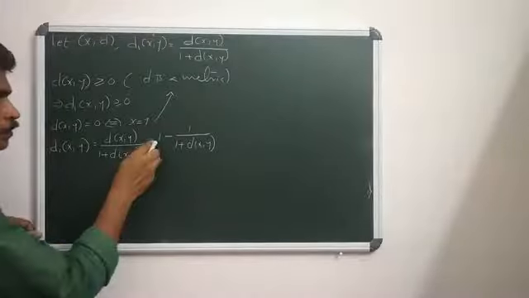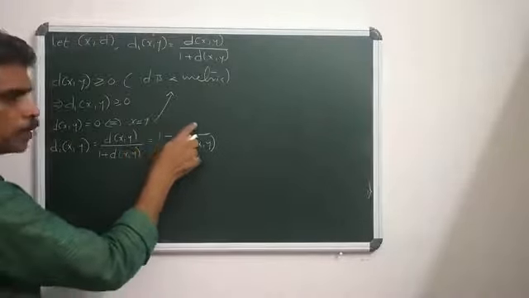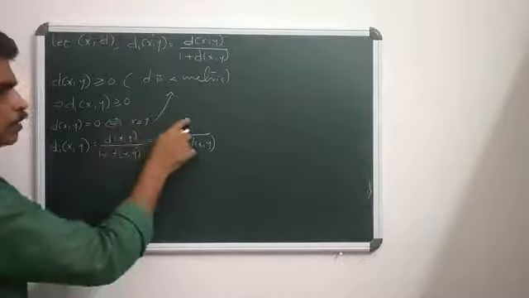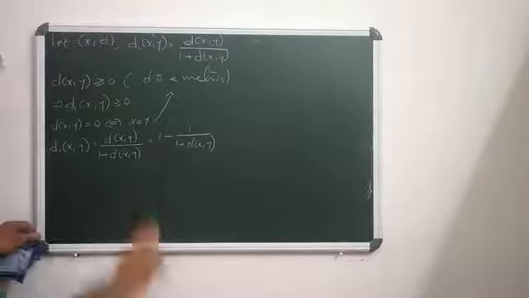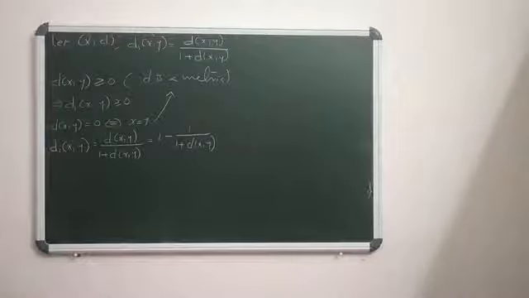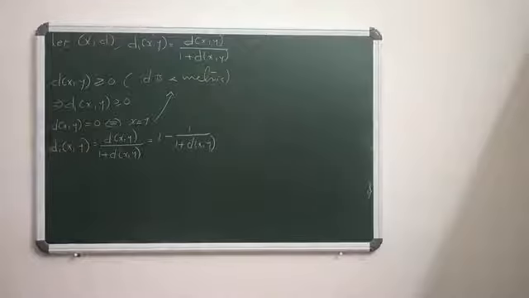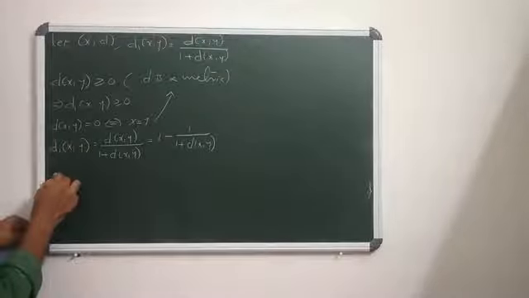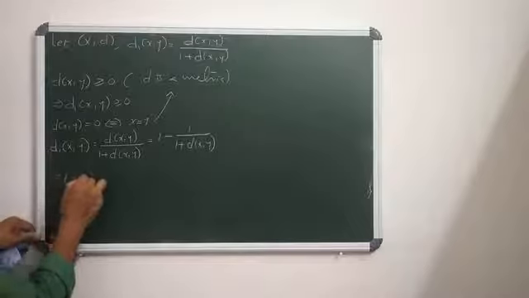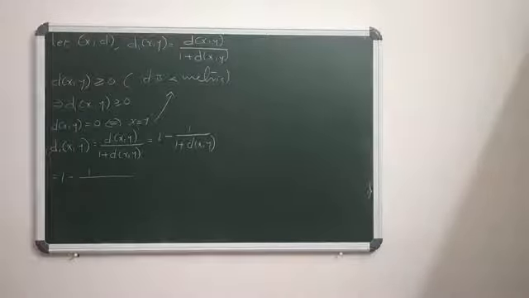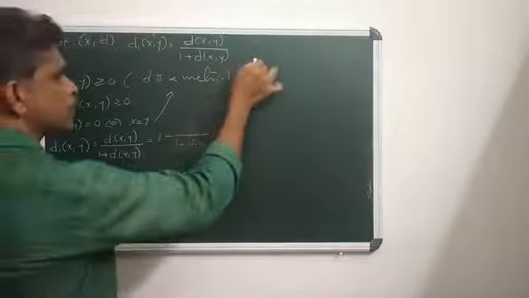Taking LCM, we get 1 plus d(x,y) minus 1, where 1 and minus 1 cancel each other, which means d(x,y) by 1 plus d(x,y). So d(x,y) by 1 plus d(x,y) can be rearranged as 1 minus 1 by 1 plus d(x,y).